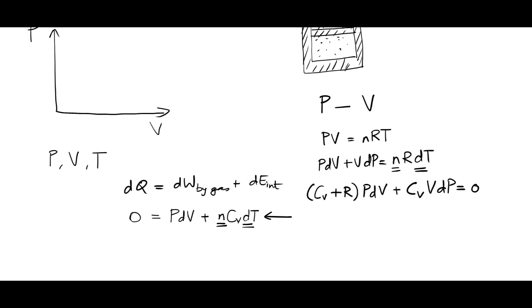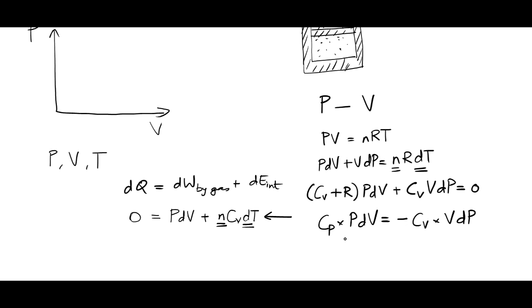And you know that CV plus R is actually equal to CP, because CP minus CV is equal to R. So I'll just rewrite that: CP multiplied by P times dV is equal to, I'll take the second term to the other side, minus CV times V dP. Now the ratio of CP and CV, in other words CP divided by CV, is usually denoted by the symbol gamma.